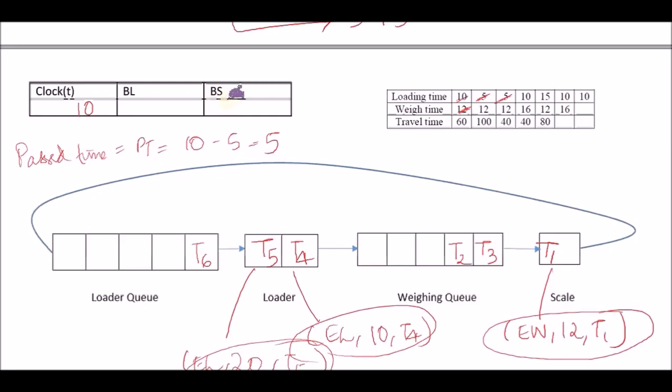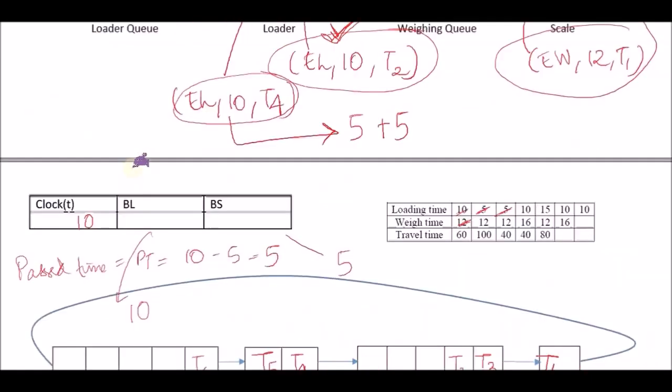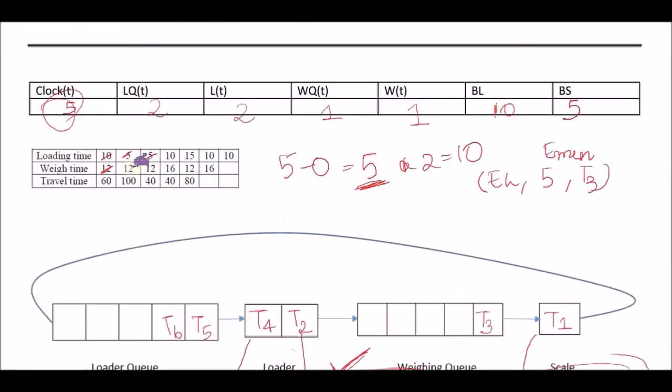But remember, since it's cumulative, this is going to be 5 and this is going to be 10. Why? Because there were 2 loaders and the time elapsed was 5. So there were 5 into 2, 10. But since it's cumulative, you need to add 5 and 10 to the previous value that was there. So it's 10 plus 5. So I'm going to add another 10 here and another 5.